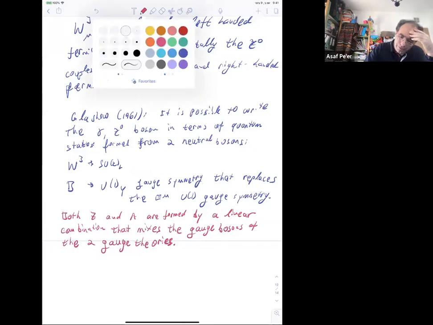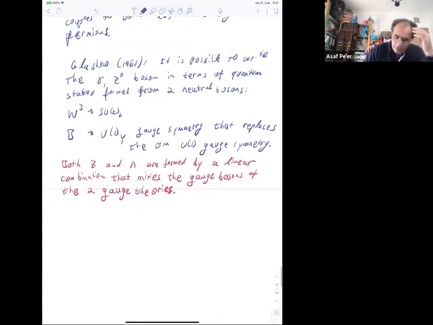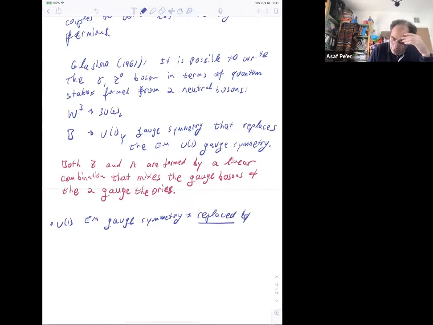So we wrote down that the U(1) EM gauge symmetry is being replaced by U(1)Y. That's a hypercharge local gauge symmetry.